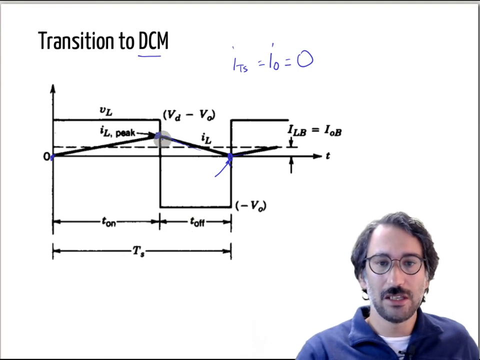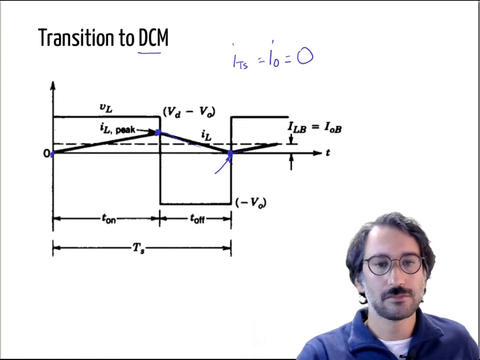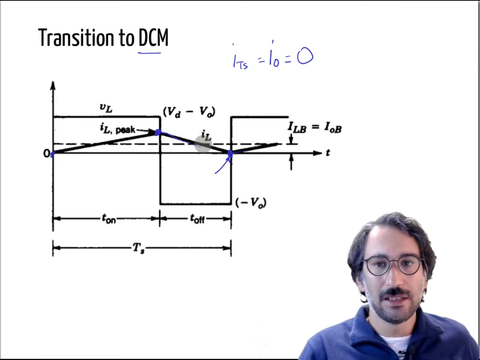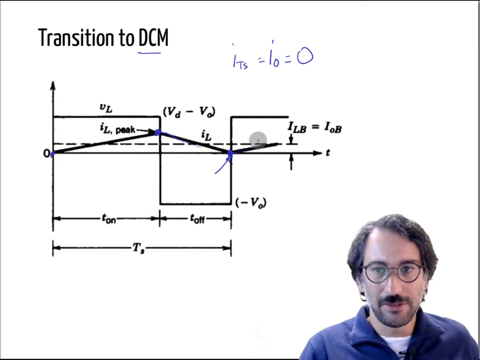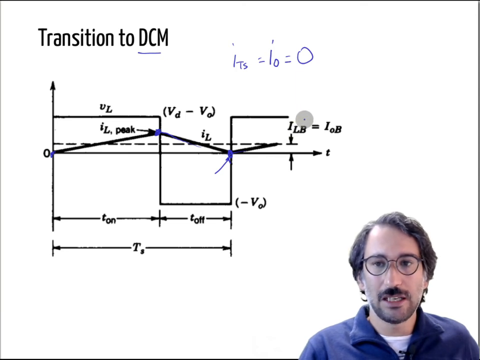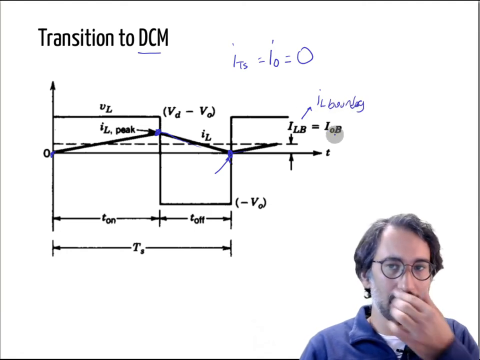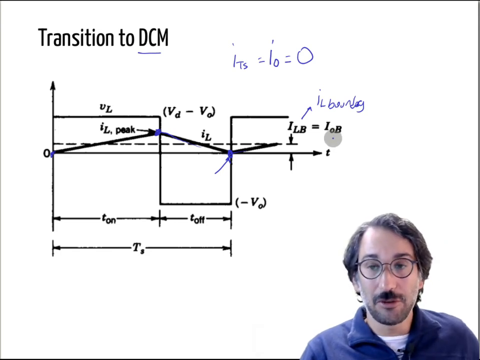So how can we find that transition? Let's make some definitions. The peak of our current is IL peak, and then we have the average current, and let's call it ILB, or IL boundary, and it can be shown as IOB.